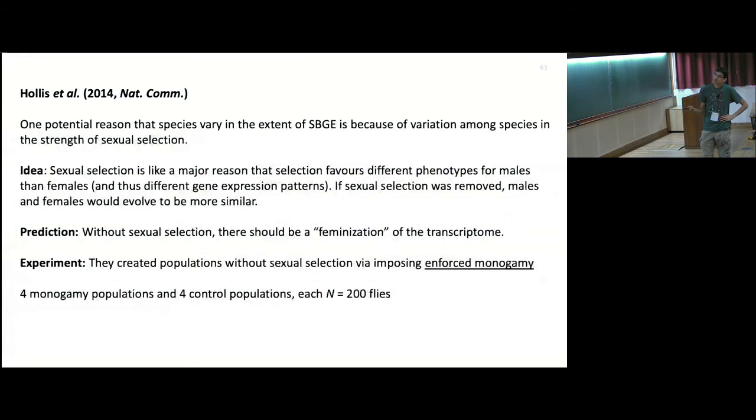So what they did in this experiment was to create a set of populations, a control set that they've maintained under normal conditions, and then a set where they attempt to remove sexual selection by doing enforced monogamy.